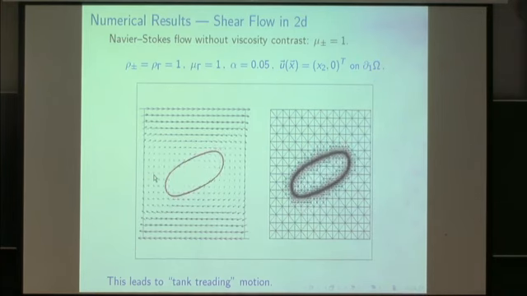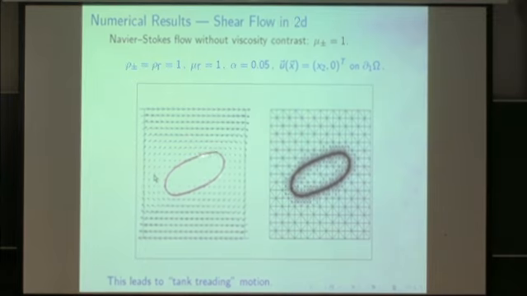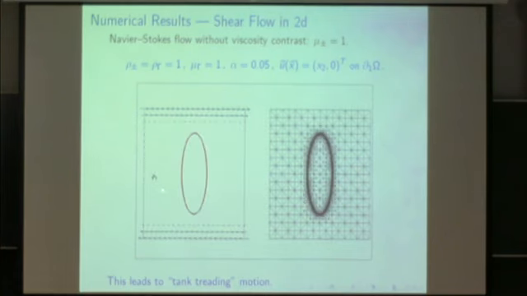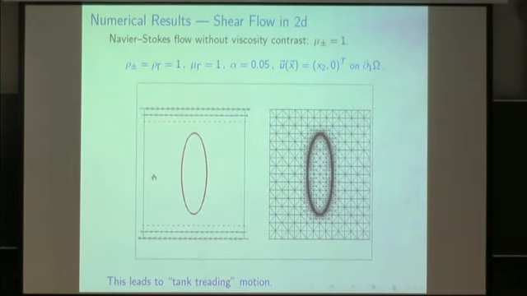Okay, so on the left you see the interface, on the right you also see the bulk mesh, and you see now that this is a stable shape, but the velocity goes around like that, and also the surface fluid moves around like that.